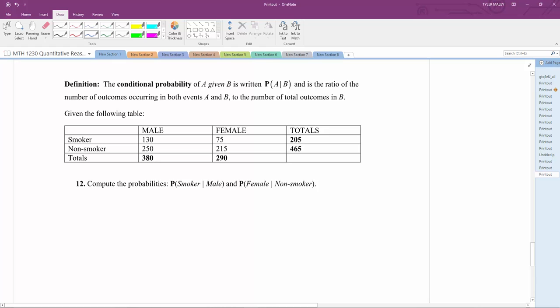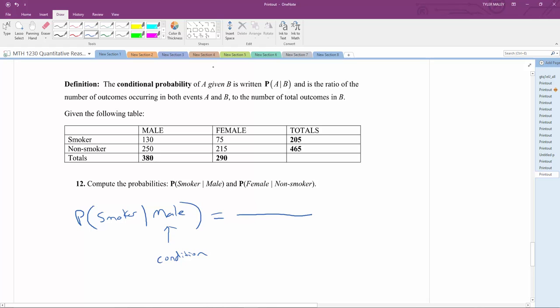So number 12 is an example where I'm trying to compute the probability. So we're calculating the probability of having a smoker given that we have a male, right? So this is our condition, right? So what's the probability of a smoker given I have the condition that we have a male, right?